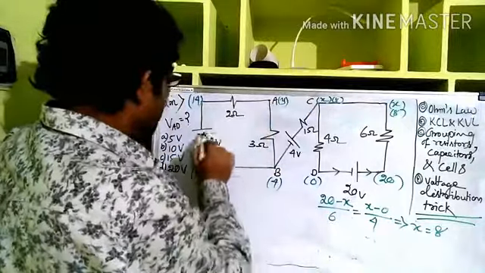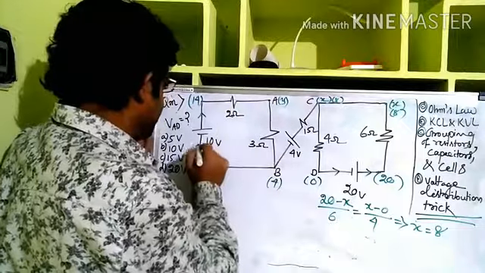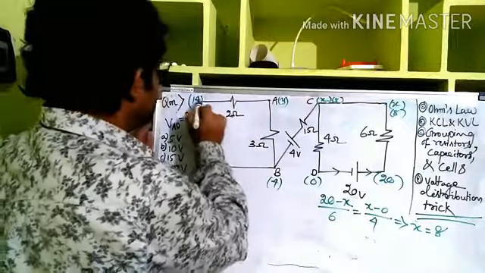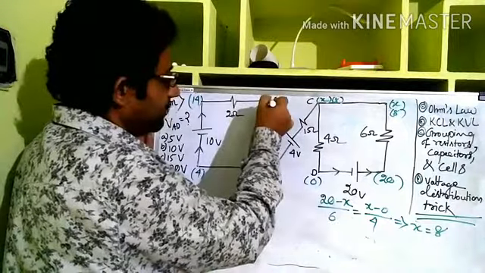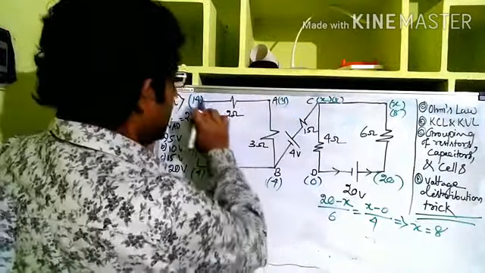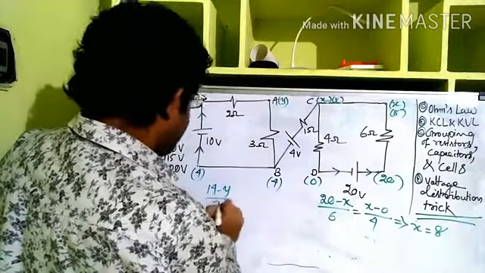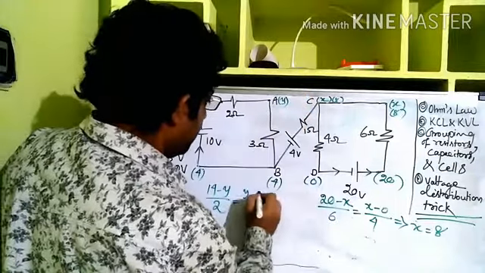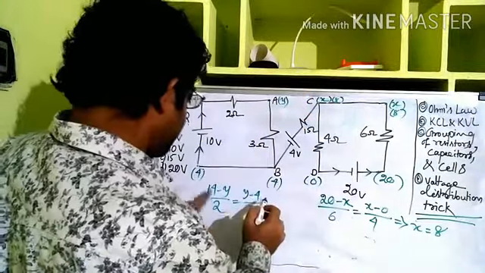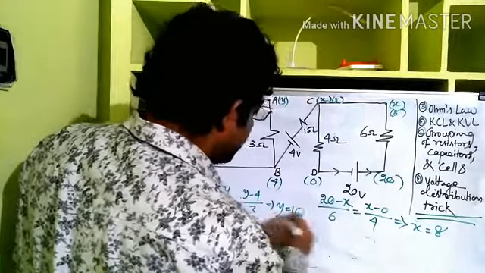Now in this loop, what current is coming out from here, the same current has to enter here. That means the current flowing in this 2 ohm resistor must be equal to the current flowing in the 3 ohm resistor. (14 minus y) by 2 is equal to (y minus 4) by 3. 42 plus 8, 50, implies that y is equal to 10.